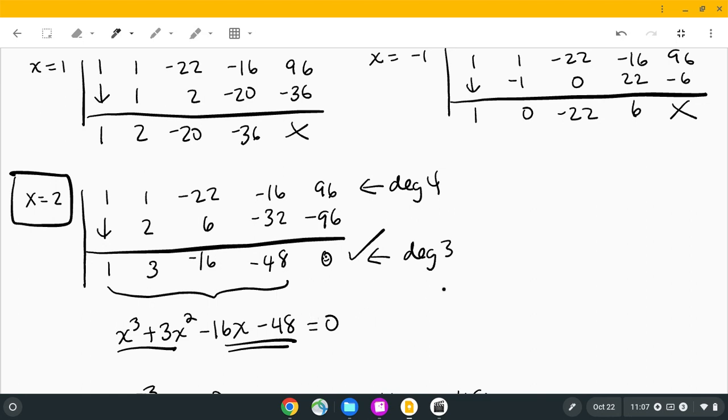But lucky for you guys, I've made this the first assignment. So if you're watching this because you're doing an assignment later on, solving degree 4 using synthetic division 1, all of them will be factorable by grouping. So just find 1 zero and then do the rest by factoring by grouping.